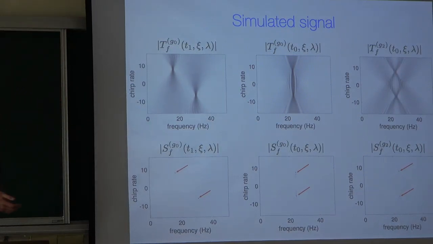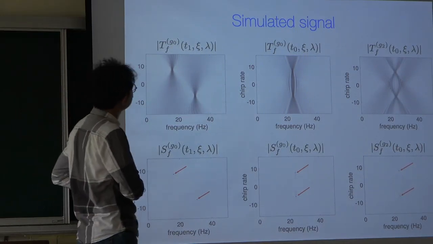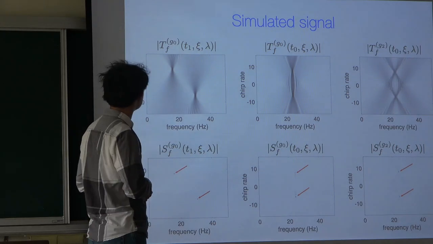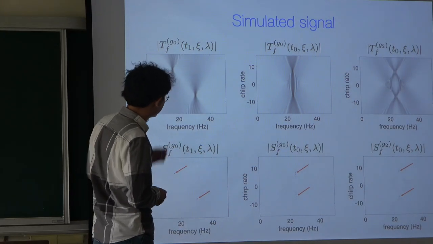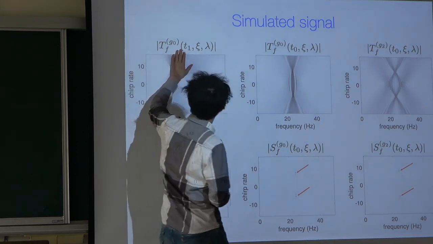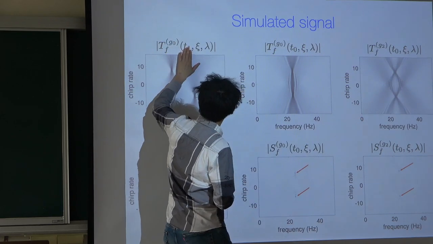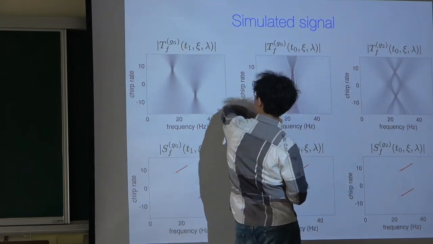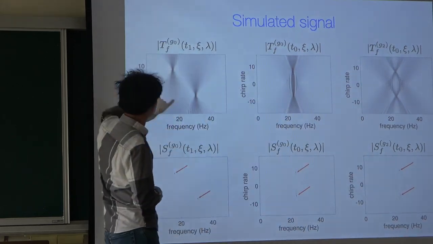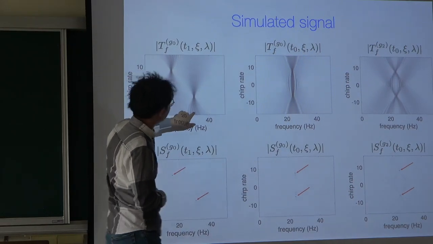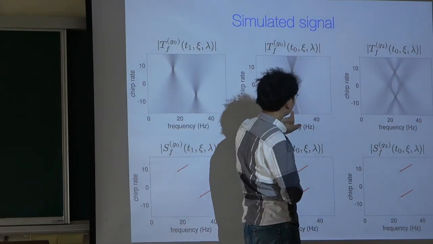Okay, and we can take a look at several different locations. For example, this is at time t1, and this is G0, original G0, and this is time 1, and this is time 0. At time 1, you have two different frequencies. Okay, but at time t0, you have one frequency.